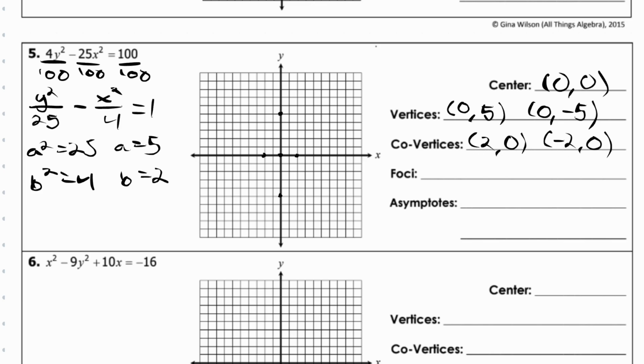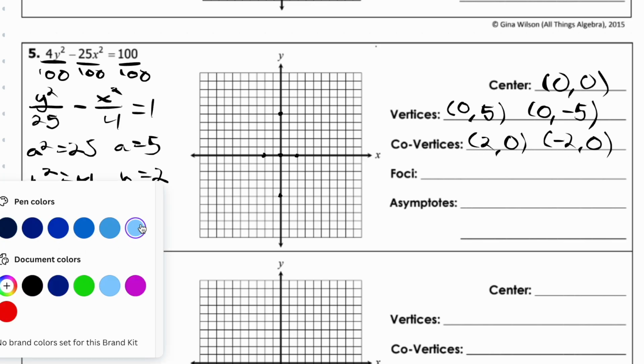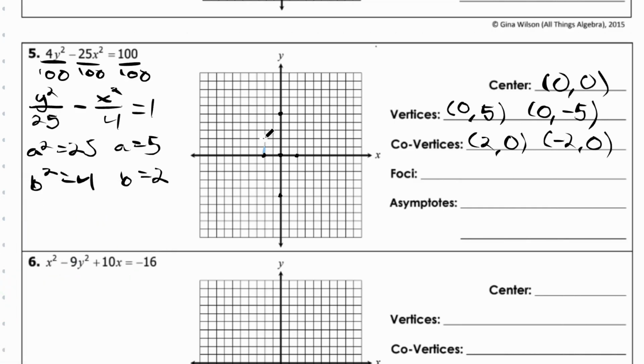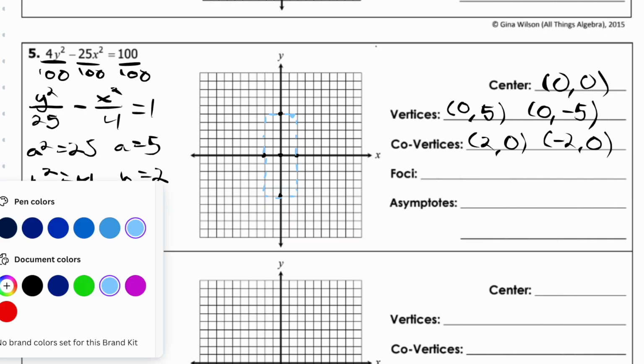So now is the point where we draw our little box, a little rectangle. And then what we want to do here is we just want to connect the diagonals.